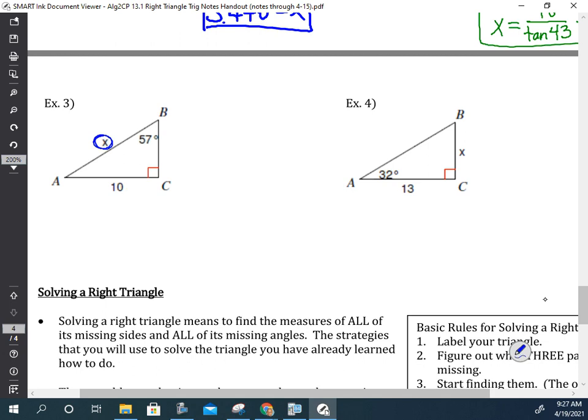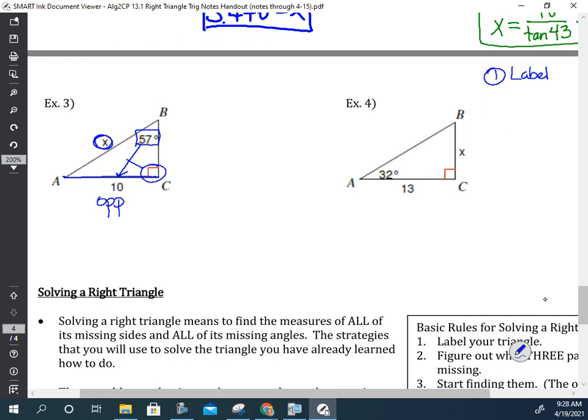The first step is still the same: label the triangle. We label the triangle based off of the angle that was given to you. You were given 57 degrees. Whatever side is across from that angle, that's your opposite.